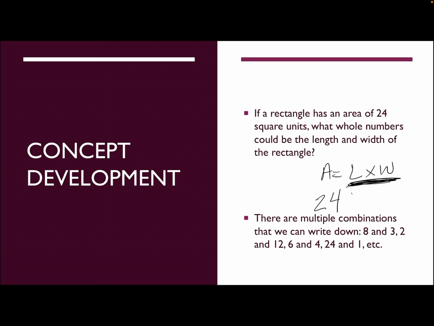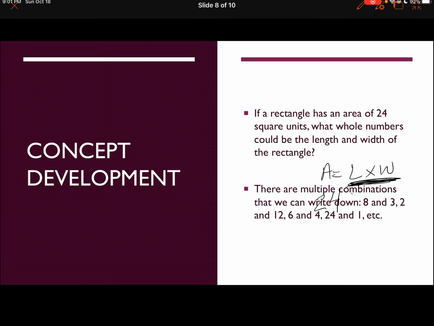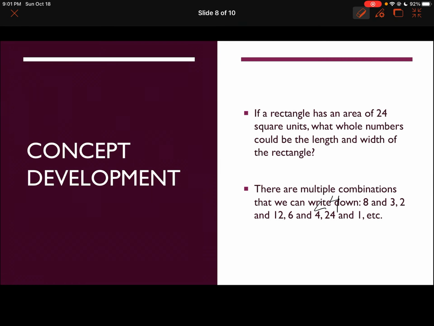All right, so some numbers that you may get, and let me erase what I wrote here so that way you can actually see it. So some possible combinations, you could have gotten 8 and 3, 2 and 12, 6 and 4, 24 and 1. And these are called factors. So whenever we talk about numbers, like two numbers that you multiply together that make up a larger number, they are the factors of that number.